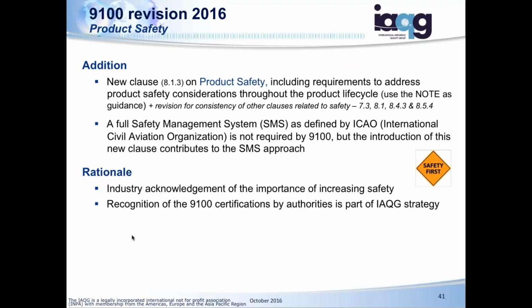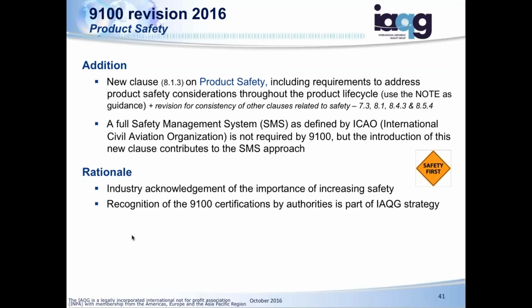Once again, the whole safety management system, SMS, is not required by 9100. It is required by the civil aviation. ICAO is that group that provides requirements to the FAA for flow down. Right now the FAA is developing those requirements for the flow down, it's my understanding.